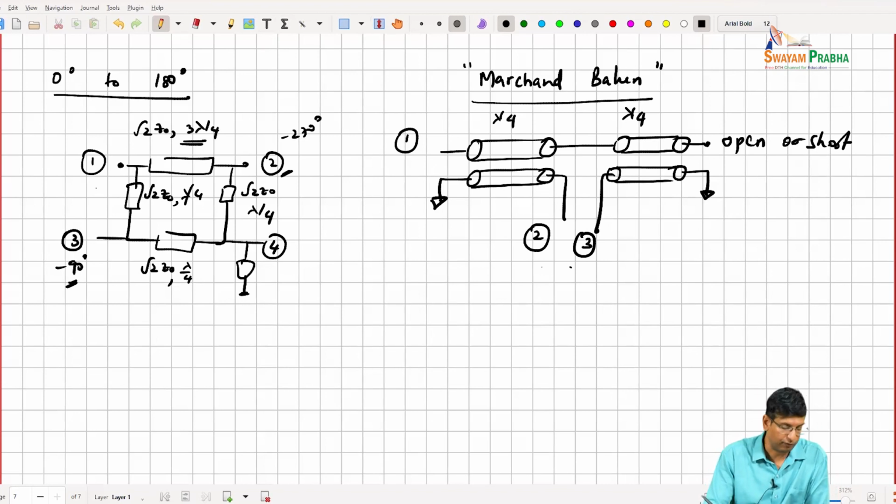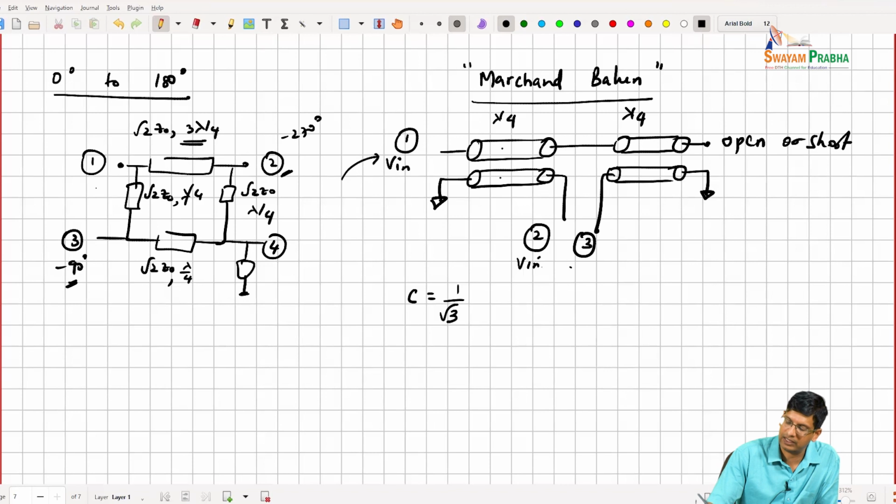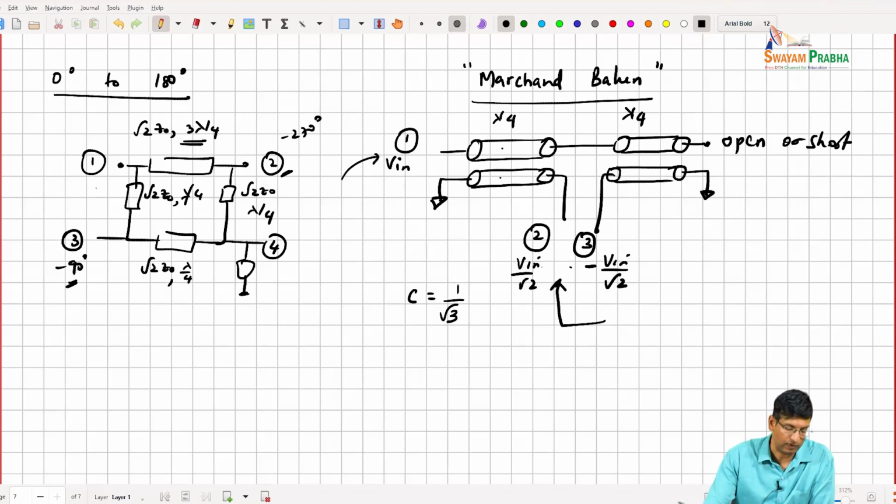But if you consider a situation where you are making the coupling coefficient on these transmission lines 1 over square root 3, right? Then what you effectively see is that if this B in corresponds to a certain B in over here, then you'll basically get B in over square root 2, B in over square root 2, minus B in over square root 2. But the impedance that you see over here, so this port will be matched. So port 1 will be matched, right?